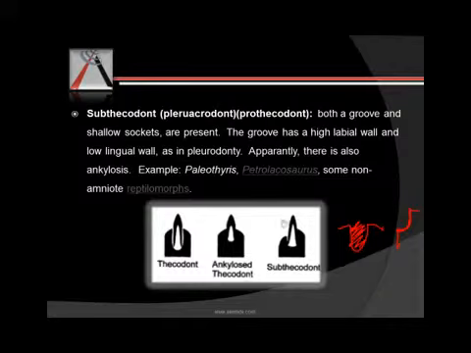So in this case, both a groove and shallow sockets are present. And this groove is high. It has a high labial wall and a low lingual wall, and there is also ankylosis present. So this is your subthecodont.